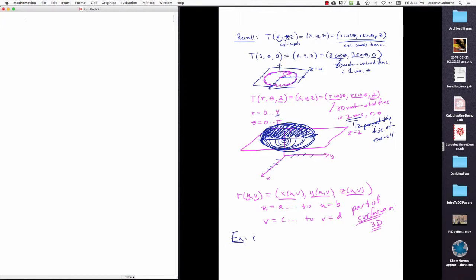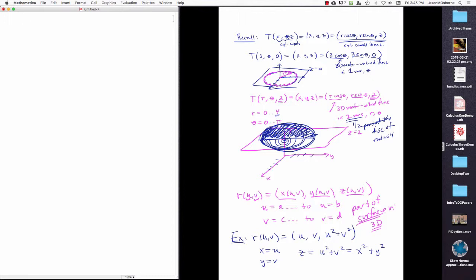one could look at r of u comma v being u comma v comma, say, u squared plus v squared, which is a fancy way of saying that x is equal to u, y is equal to v, and z is equal to u squared plus v squared. But u was equal to x and v was equal to y.